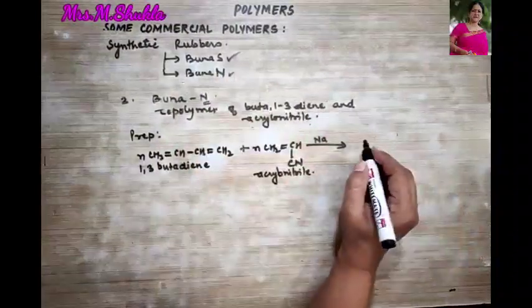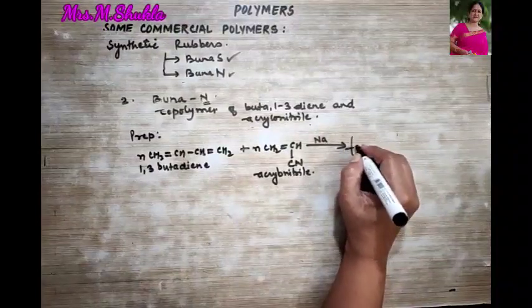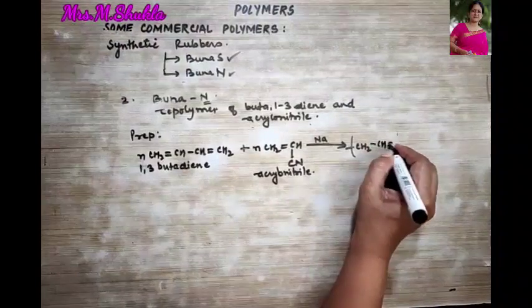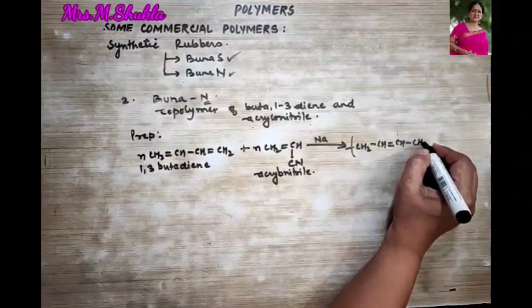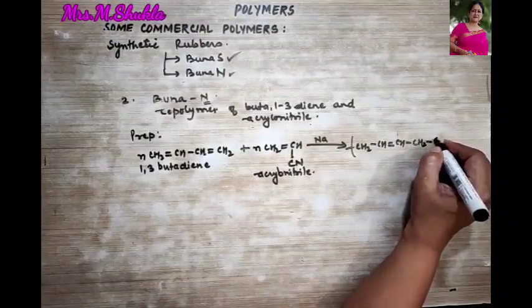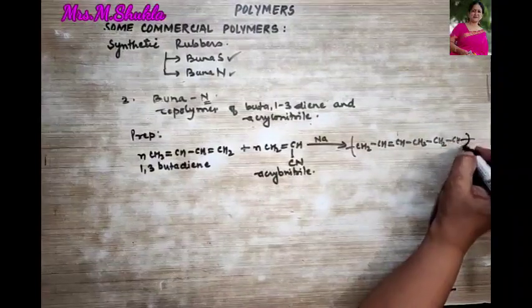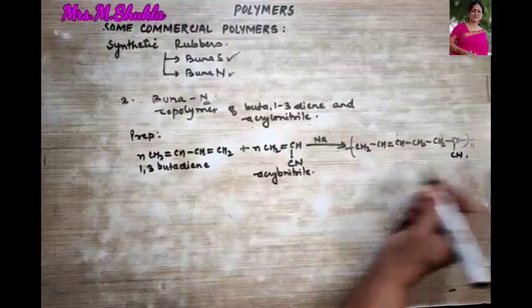Now what is Buna N? Let us see the figure of it. CH2 CH double bond CH, CH2, CH2 CH, n times, and here is your cyanide.